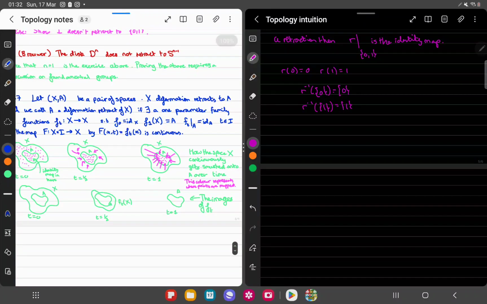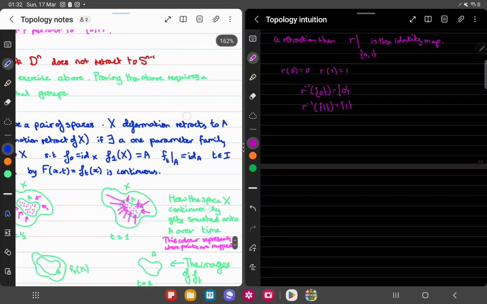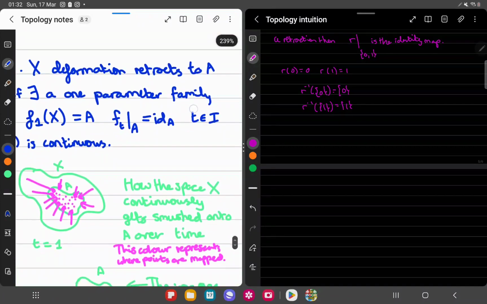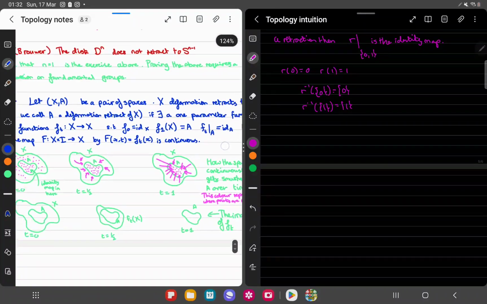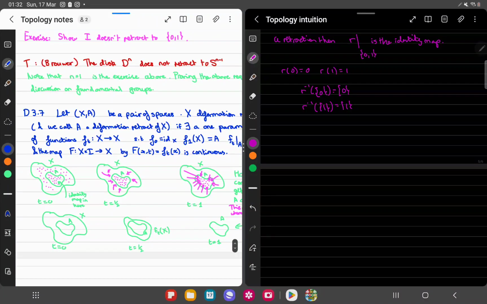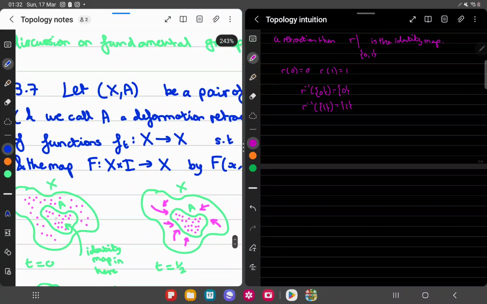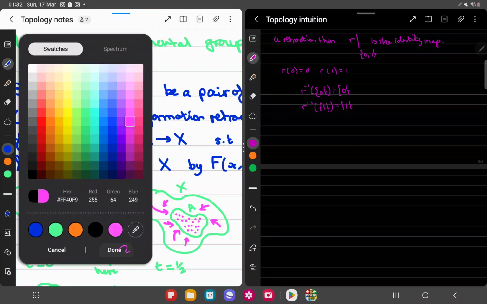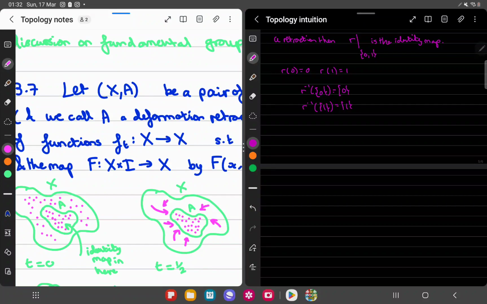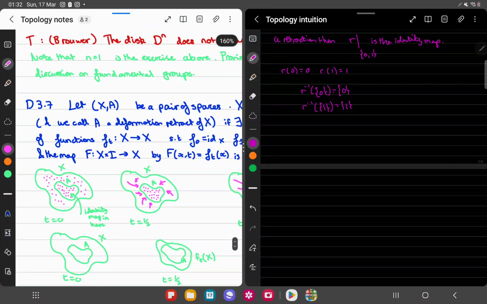So yeah, this diagram sort of describes how x gets continuously smushed over time. So here we can see that, oh no, that was a mistake. I hate this thing sometimes. Short dots. Okay, yeah. So here everything is sort of just mapping to itself.